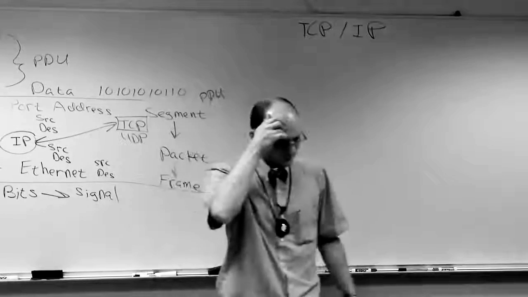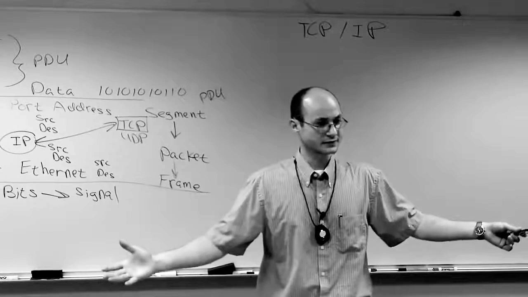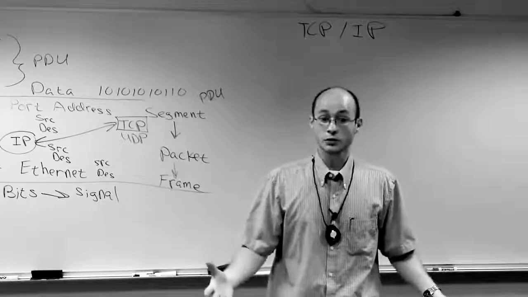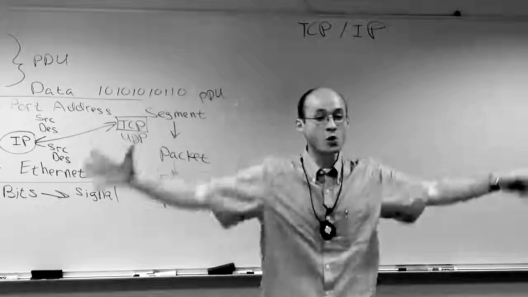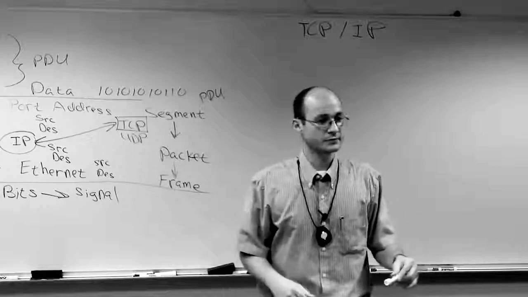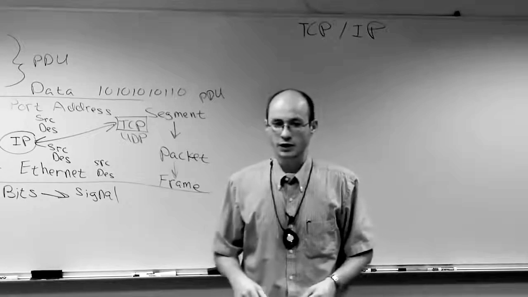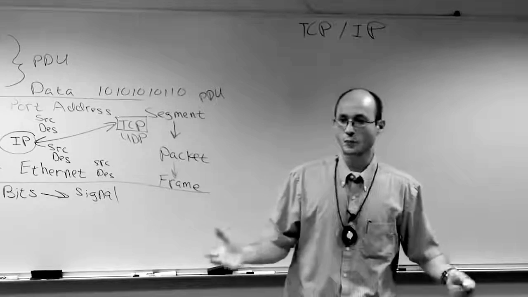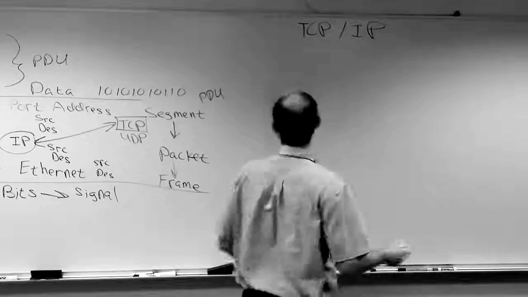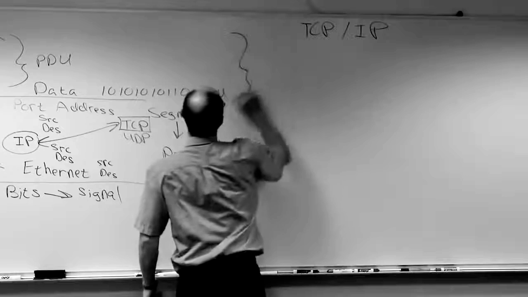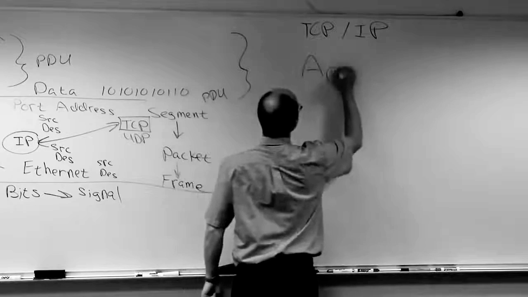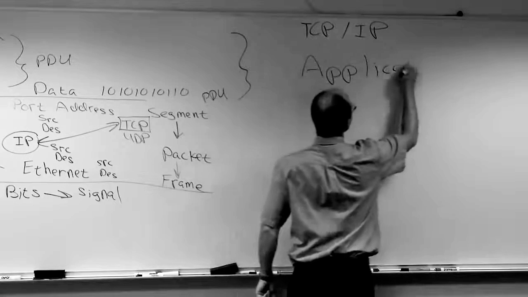So they said, you know what? We developed this thing. Let's create a model that shows a grand overview of how this behaves. And they said, in order to use our network, if you want to send a web page, you're going to need a web browser. And so they said, the first three layers are going to be accomplished under the application layer.